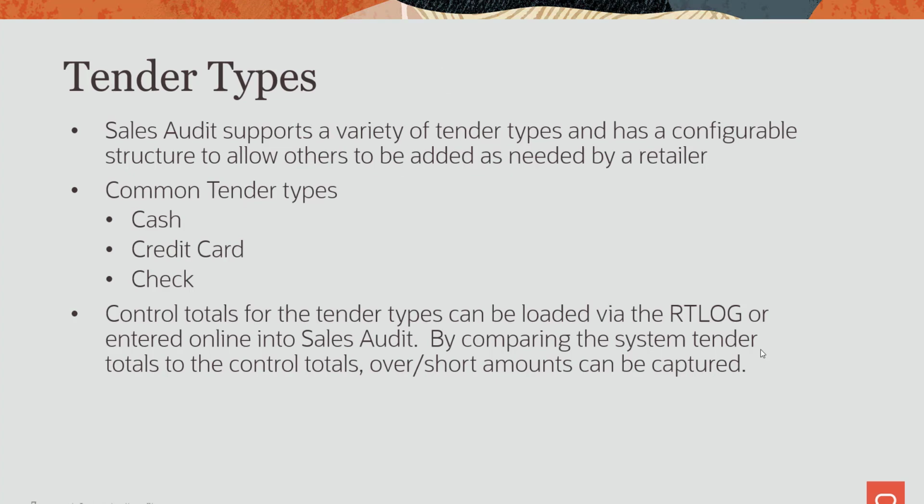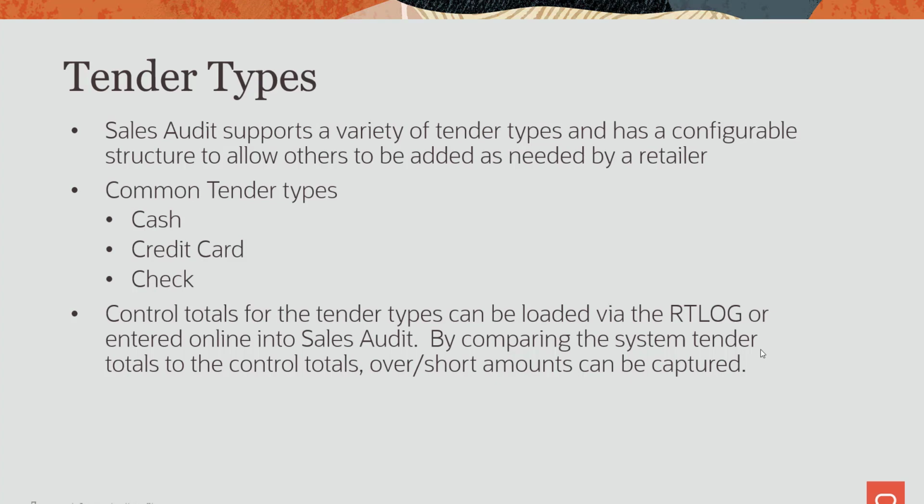The tender is the payment made for a sale transaction or the refund on a return. Sales Audit supports a number of different tender types and also has a configurable structure allowing retailers to add other tender types as needed.